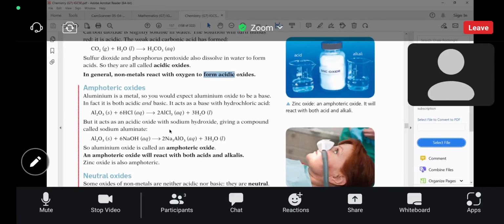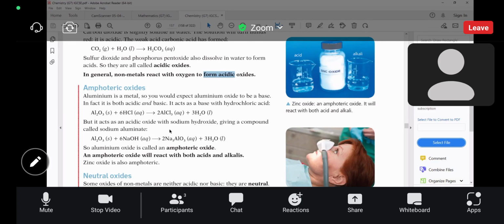So when you try to balance this, we have to put 2 in front of Al and Cl. Yes. So here 2, and 3 after H2, so here we have 6.